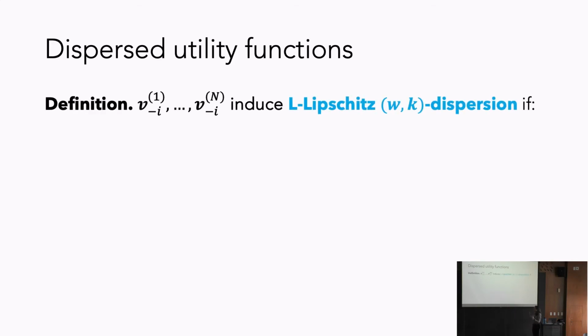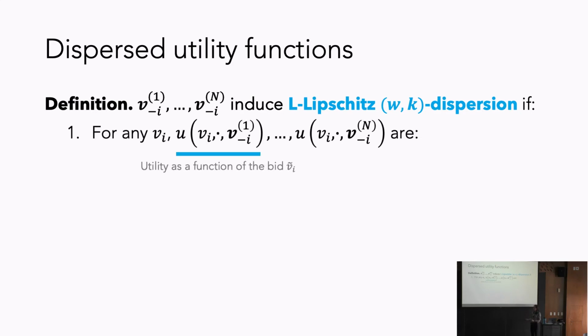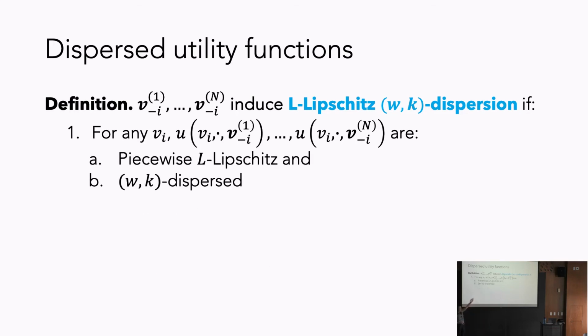So I'm going to say that samples v1 up through vn, where v minus i is the set of bidders' values for all bidders except bidder i, so these are n samples from the distribution over agents' values minus bidder i, induce L-Lipschitz (w, k)-dispersion if for any true value vi, you look at these functions that measure utility as a function of the bid vi tilde over all n samples, so we've got n functions here, and these functions are piecewise L-Lipschitz and (w, k)-dispersed. And let me actually draw a picture of that.